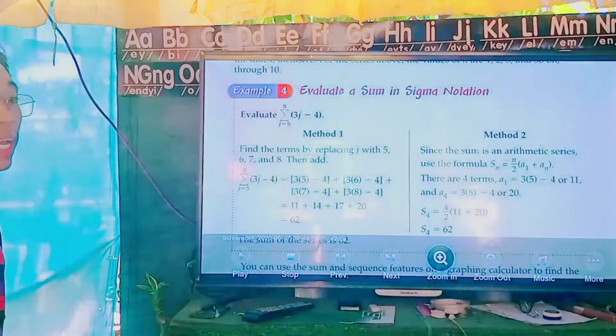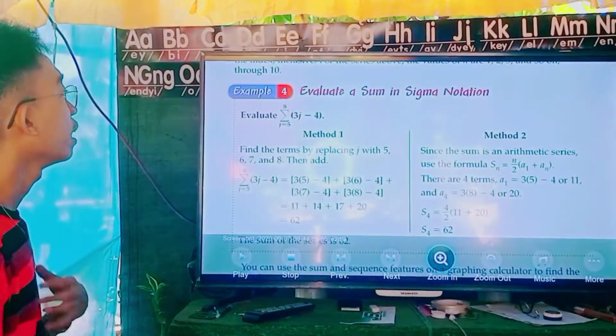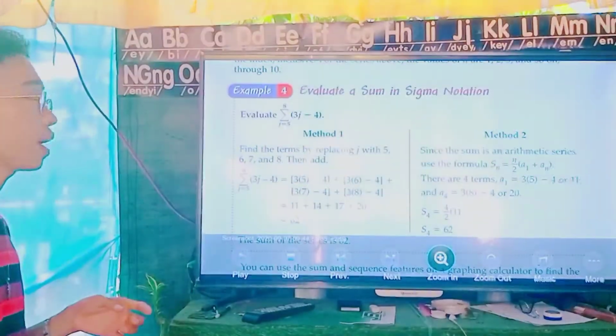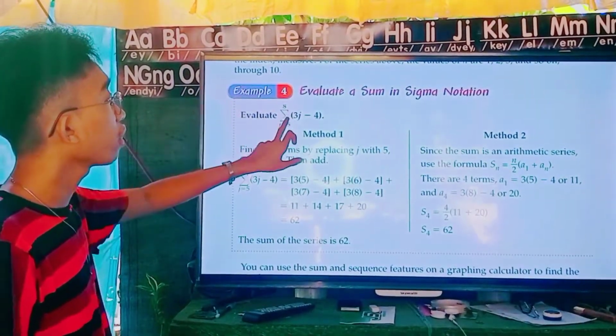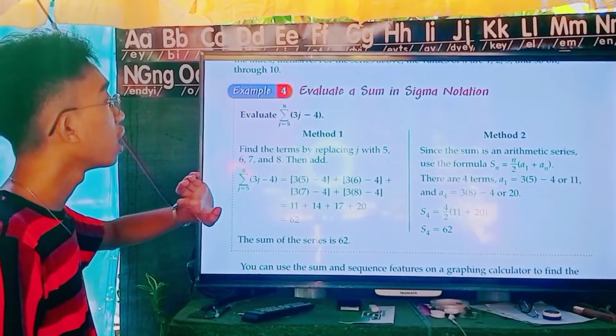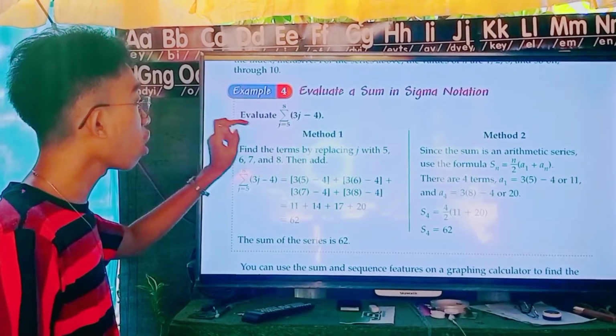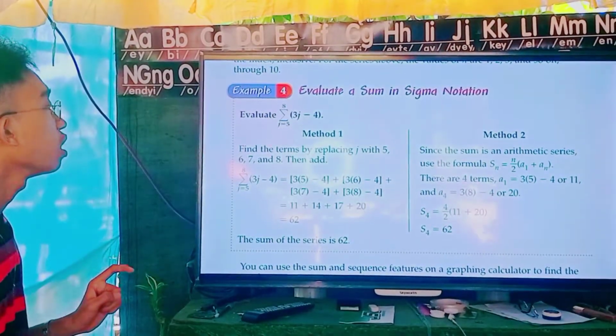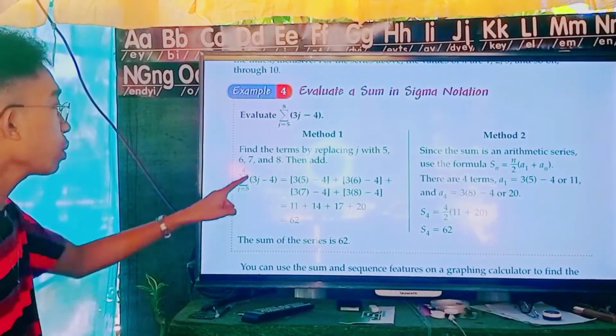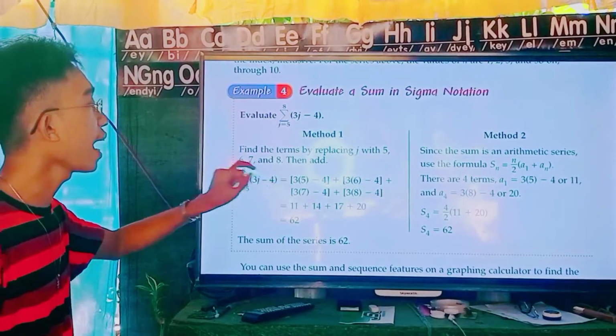Evaluate the sum in sigma notation. Evaluate the sum of 3j minus 4 as j goes from 5 to 8. Method 1: find the terms by replacing j with 5, 6, 7, and 8.